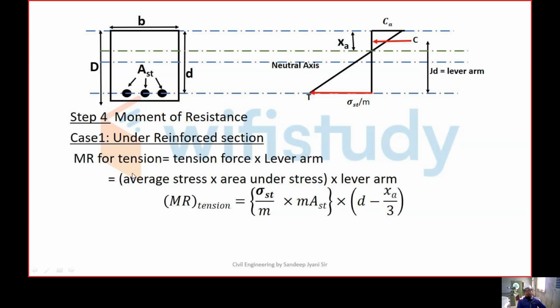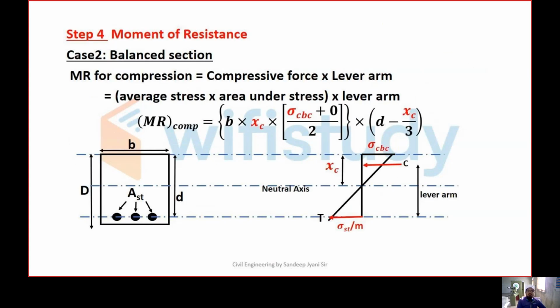We all know the modular ratio in terms of area: M is equal to AC by AST. Then AC is equal to M into AST. So that is the area under stress. Coming to the lever arm, same as in the compression zone, that is D minus XA by 3. It does not change, whether it is tension or compression. So same formula.